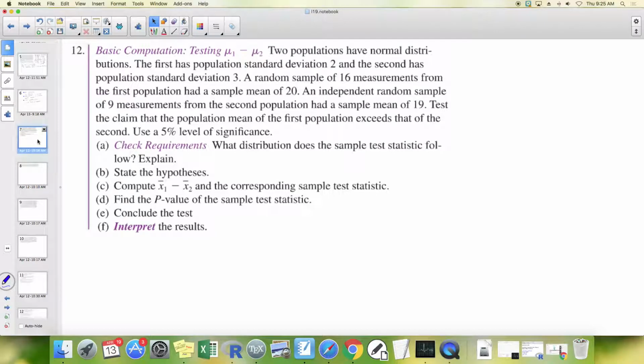All right. So two populations have normal distributions. The first has population standard deviation 2 and the second has standard deviation 3. Immediately you know it's a two population problem.